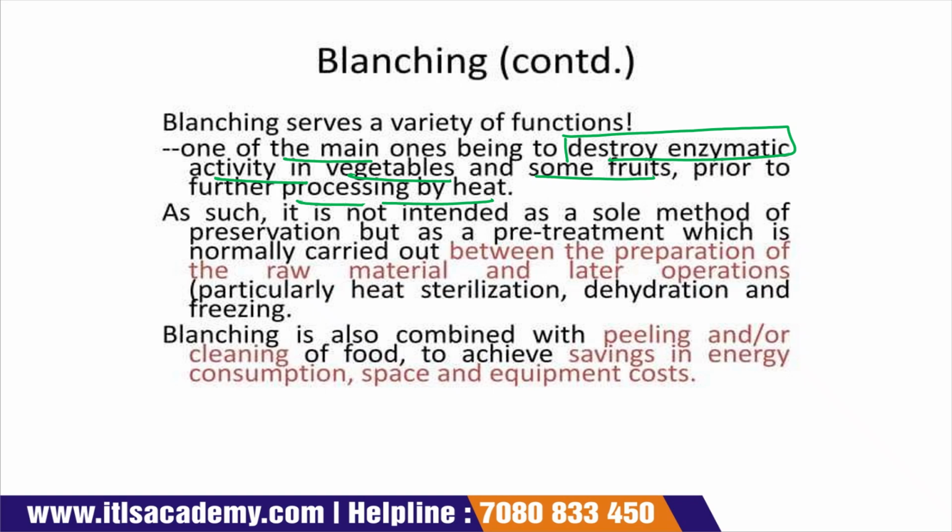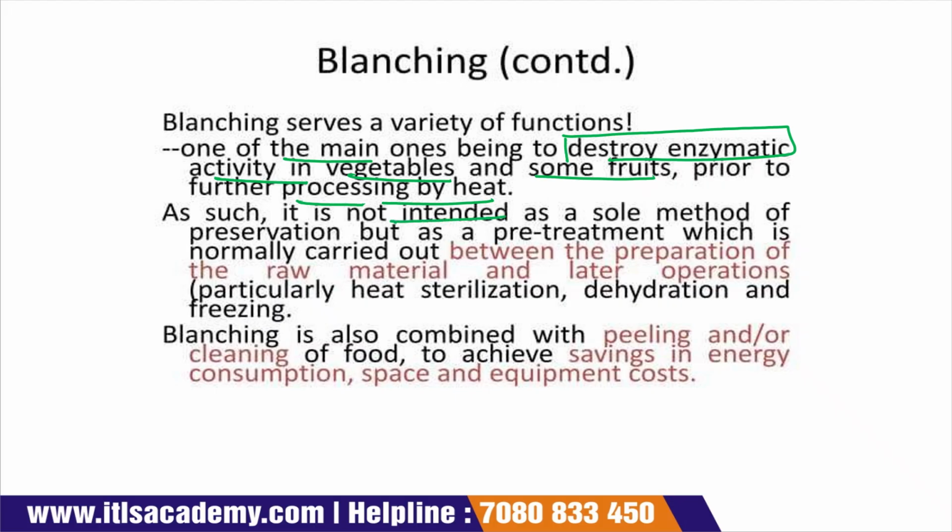Simply, blanching is done for the destruction of that enzymatic activity, and these enzymatic activities are responsible for the spoilage of the food product. So when we do blanching, the enzymes are deactivated, due to which food spoilage does not occur. Then after that we further process the food product by heating, freezing, canning, or any other method.